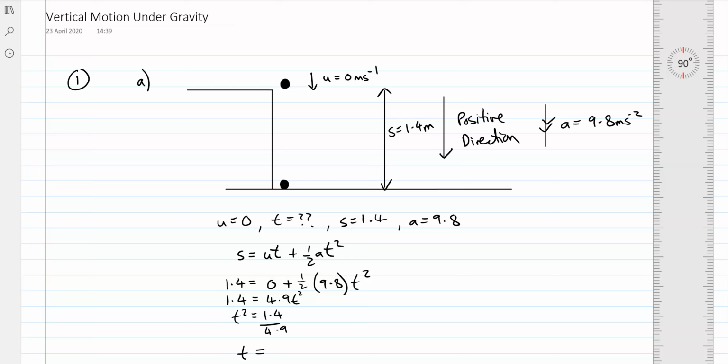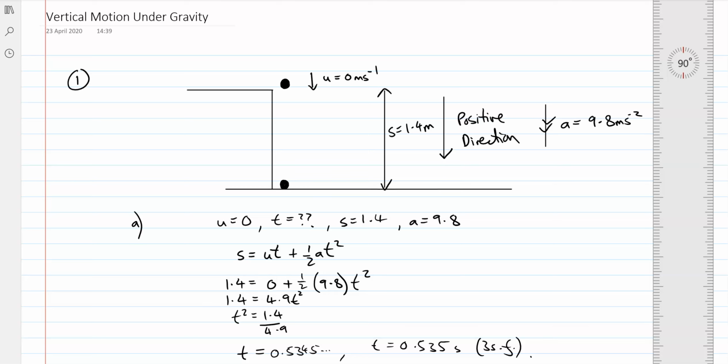And we get our answer for T, which should be 0.5345, etc. So T is 0.535 seconds to 3SF. So this is part A here.